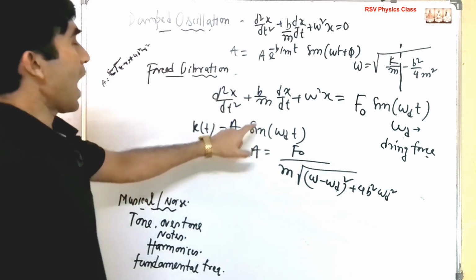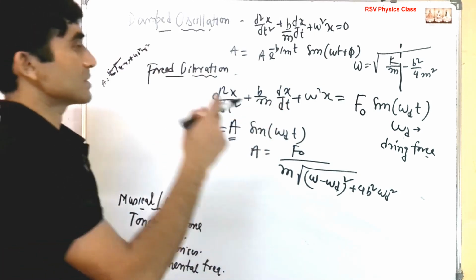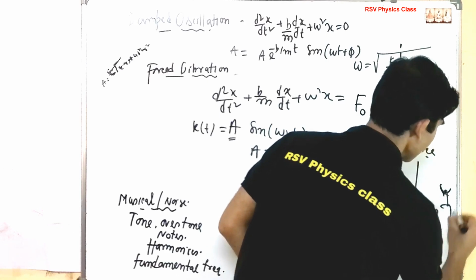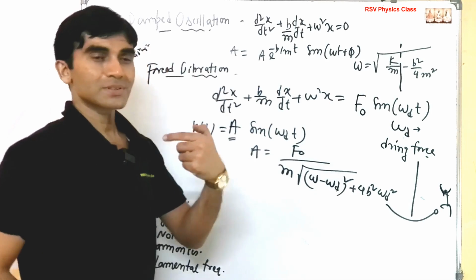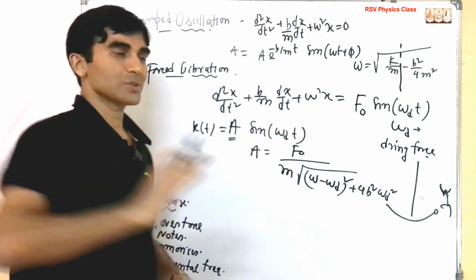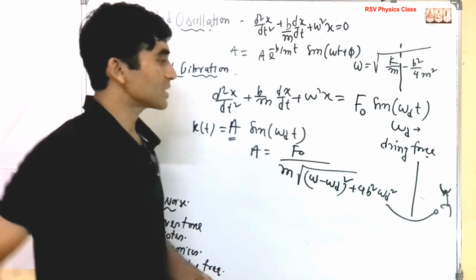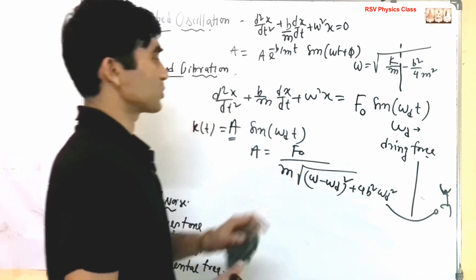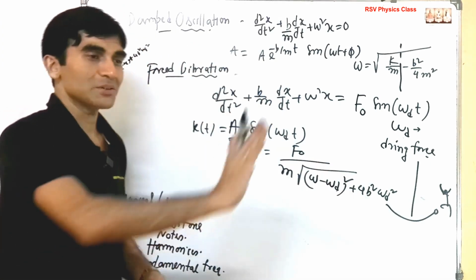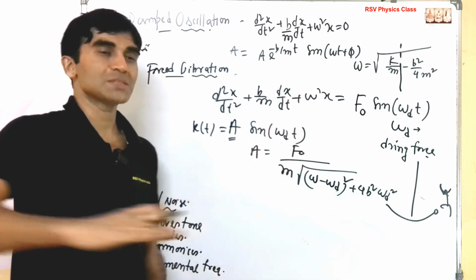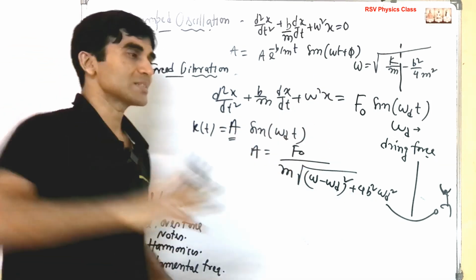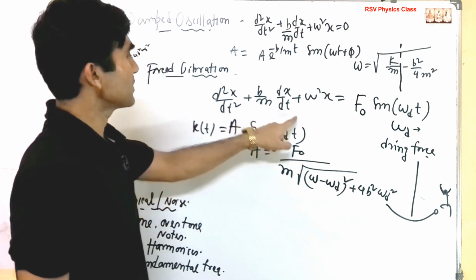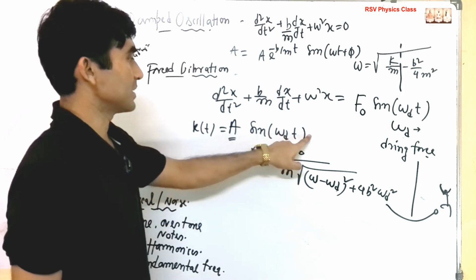After giving this oscillation, as in the case of a swing, you give oscillation from outside, and it has a natural frequency. When you are giving another force, it will oscillate in forced oscillation at the frequency of the forced force. Whatever frequency you give the force at, it oscillates at that.